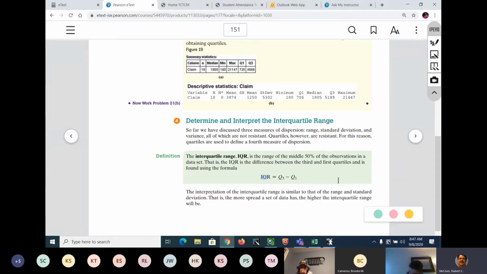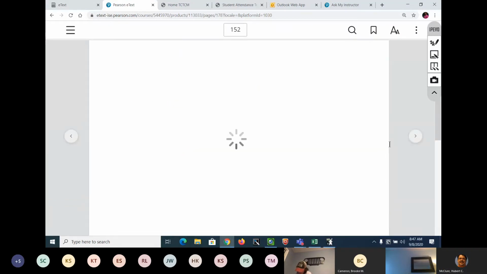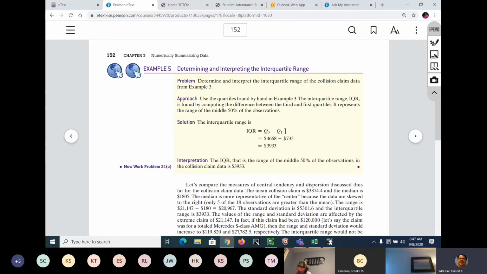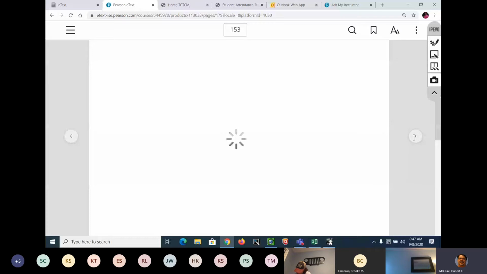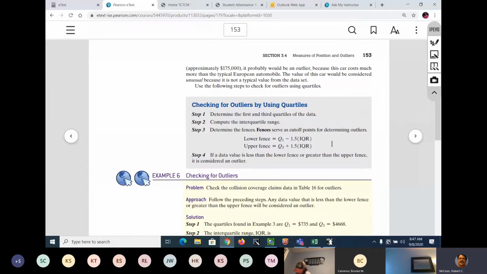Now there should be one more formula. That's the interquartile range, because you need that in the next formula. There. So write that down.